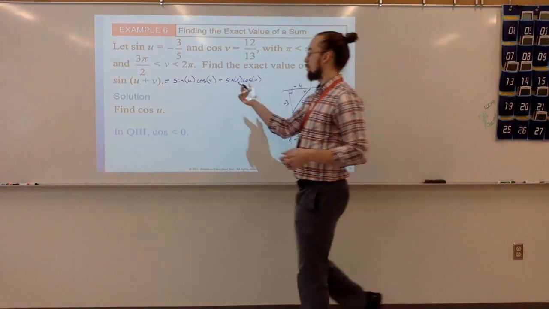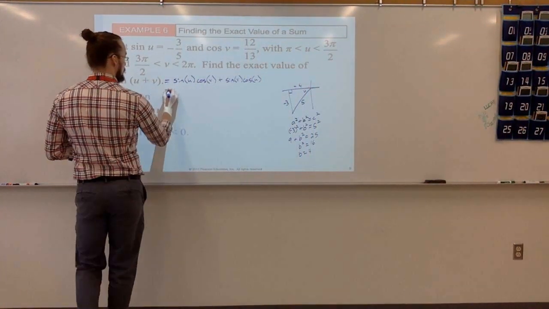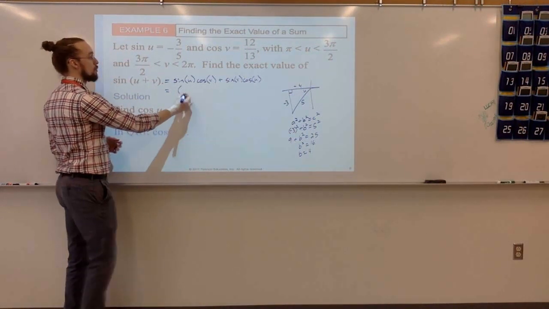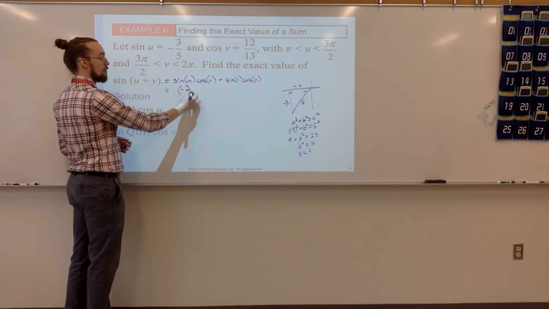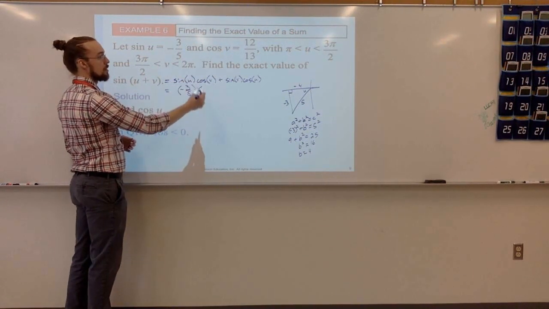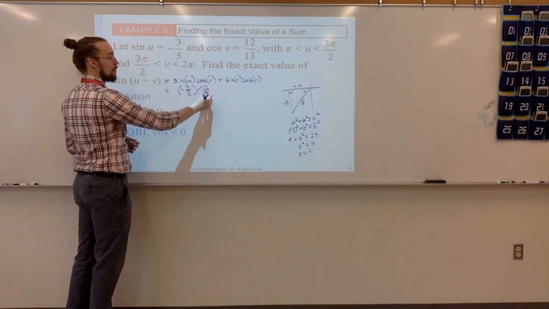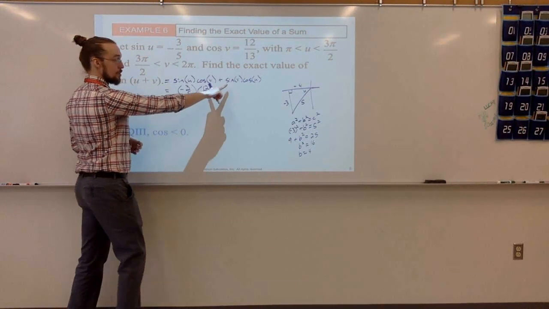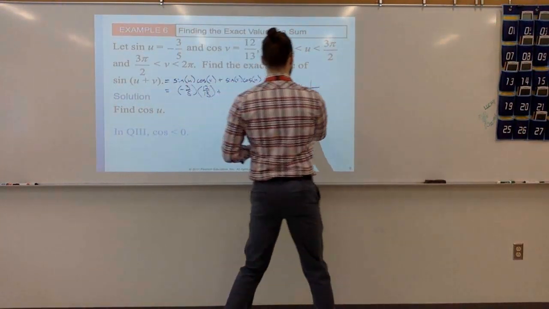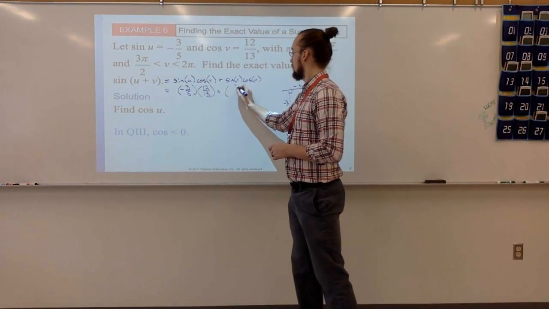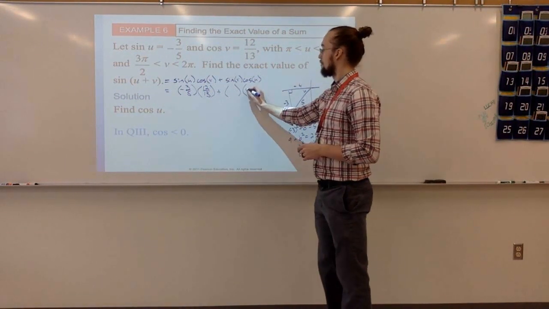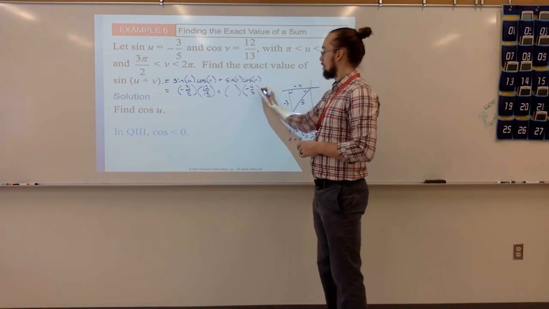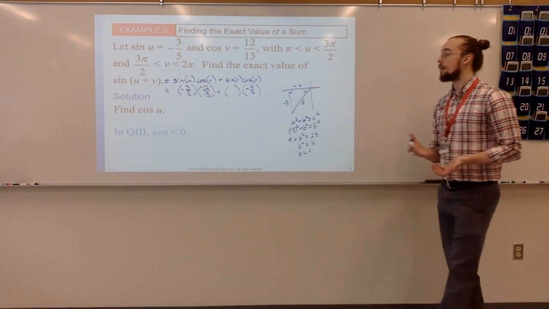Now, I could have filled these in as we were going. We know the sine of u is -3/5. We know the cosine of v is 12/13. We just now solved for the cosine of u, -4/5. We still need to get the sine of v.